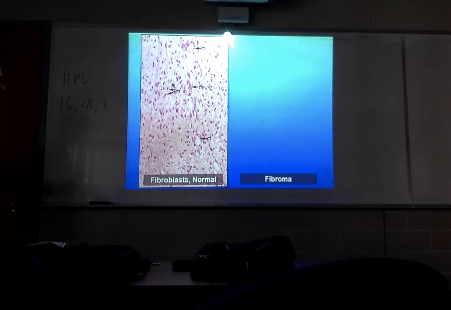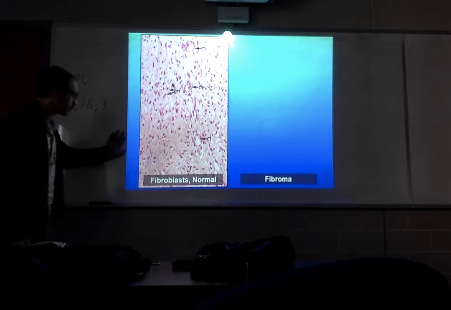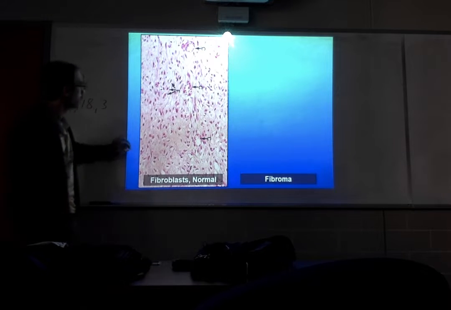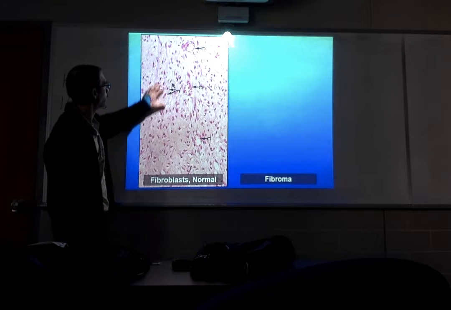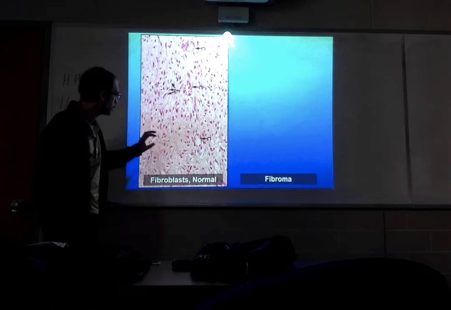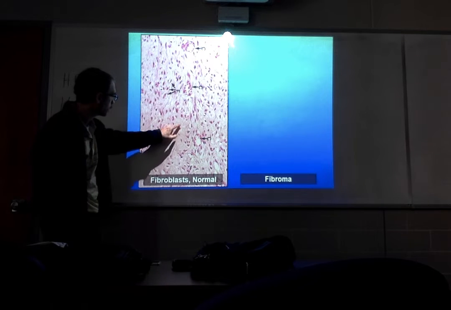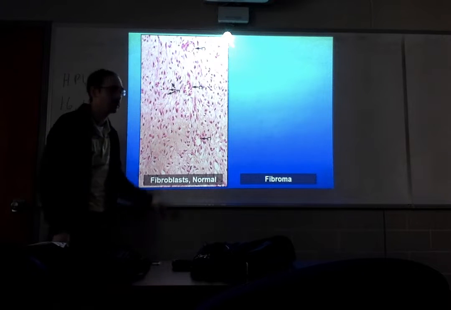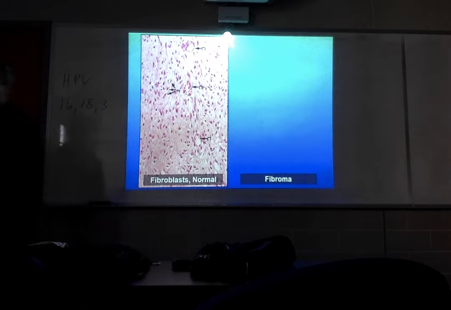Okay, let's first take a look at fibroblasts. And this is actually a section through scar tissue, and you know it's populated by fibroblasts and collagen. You can see we've got a nice population of fibroblasts. You can't actually see the individual fibroblasts, but you can see the nuclei and get an idea of just how densely packed normal fibroblasts are.